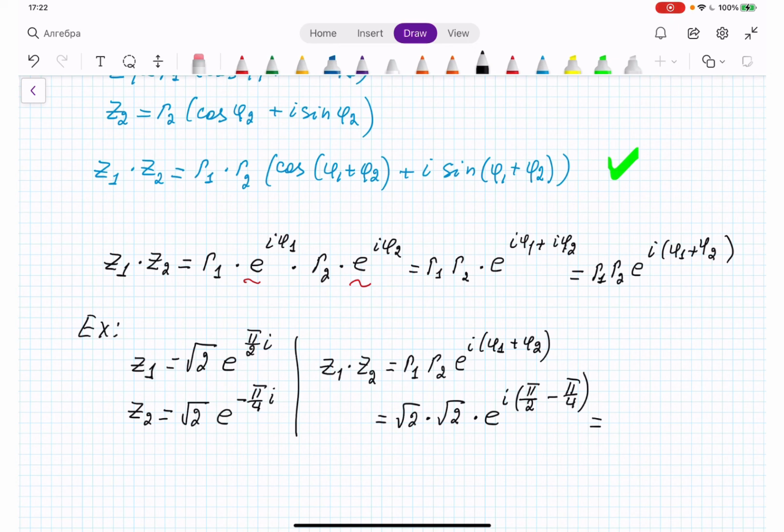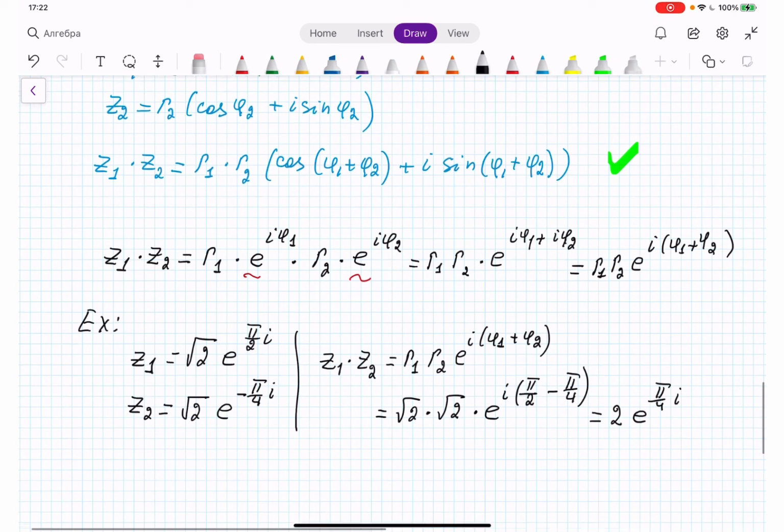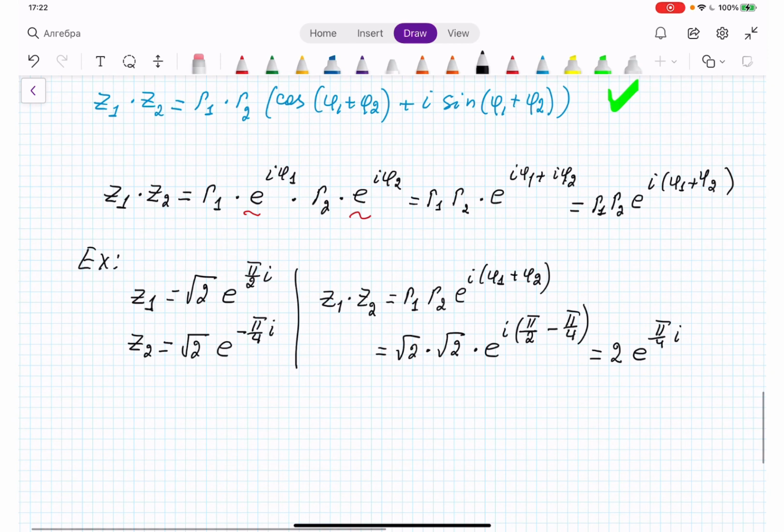So this is equal to 2, because square root 2 times square root 2 is 2, e to the power pi over 4 i, because pi over 4 is a half of pi over 2, right? If you take pi over 2 minus pi over 4, you get pi over 4. So from here, the answer is z1 times z2 is equal to 2 e to the power pi over 4 i.